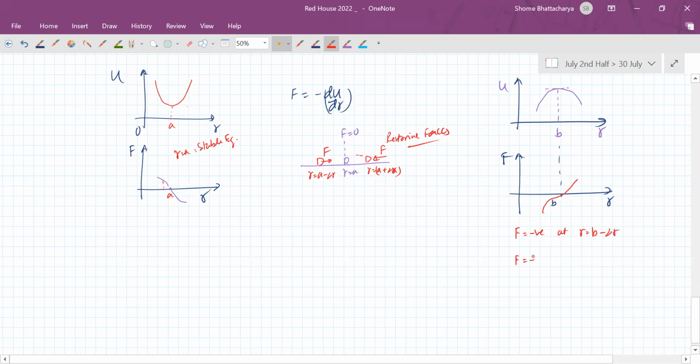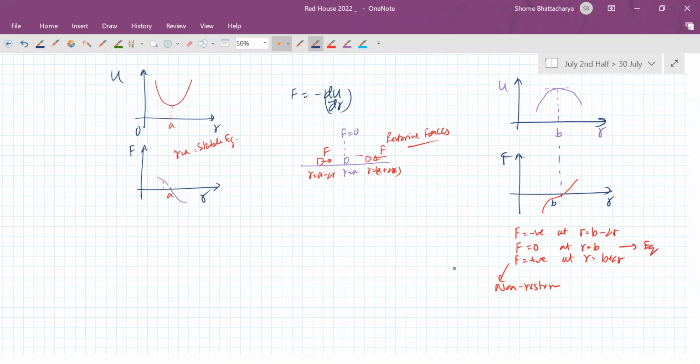And the force is positive at R equal to B plus delta. And the force is zero at R equal to B. So this is an equilibrium position, but these are non-restorative forces. They take the system further away. So here on either side of the equilibrium, there is force acting in such a way that it takes the system further away from equilibrium.